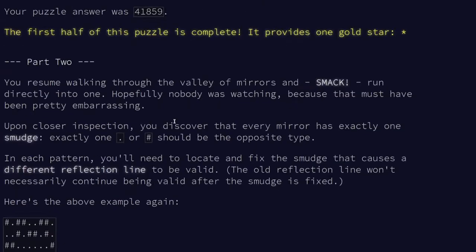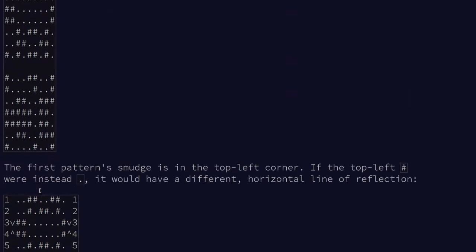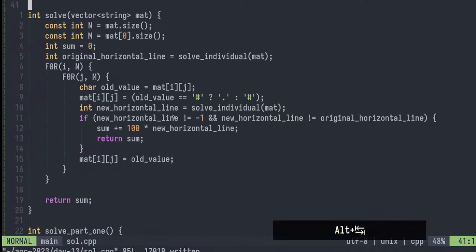So they have mentioned that every mirror has exactly one smudge. So the mirror area that we are looking at, let's say for this particular case, it was only rows 1 to 6, it wasn't a 7. So let's say there was already, but in that case, this condition would take care of it.